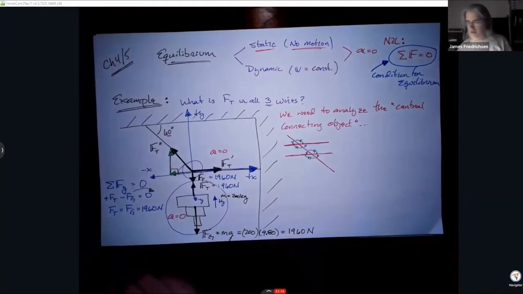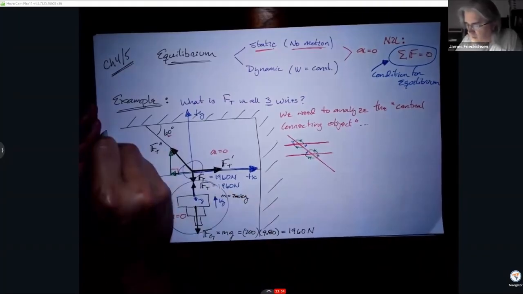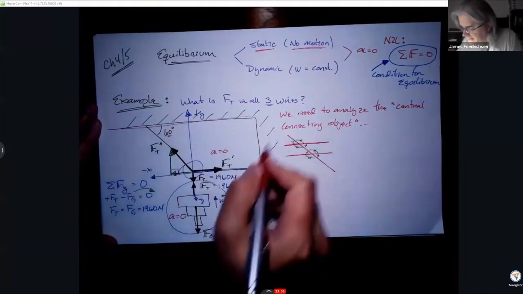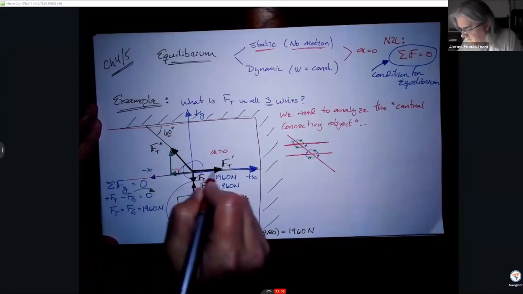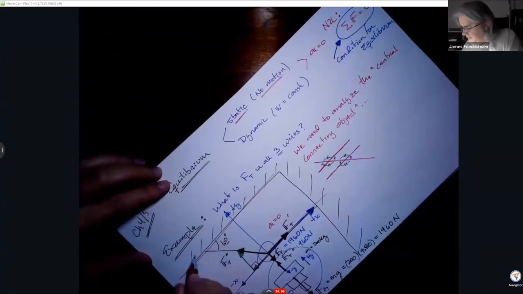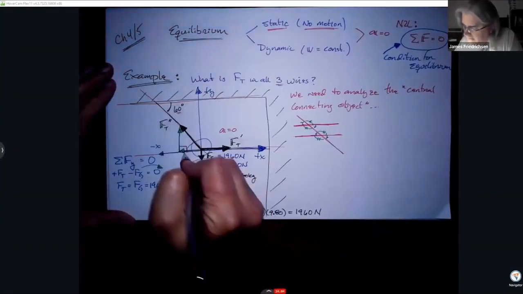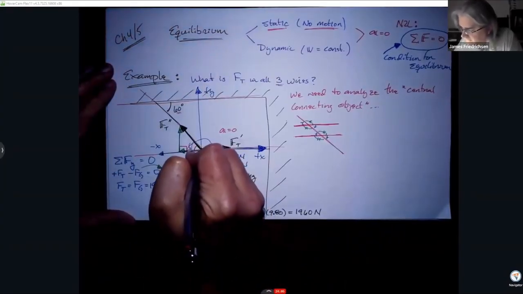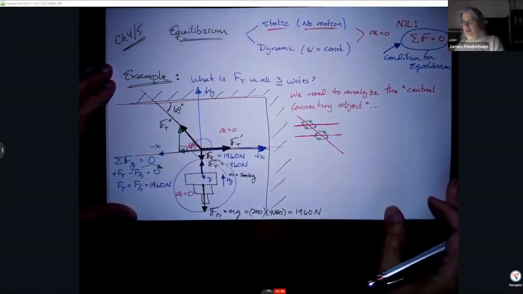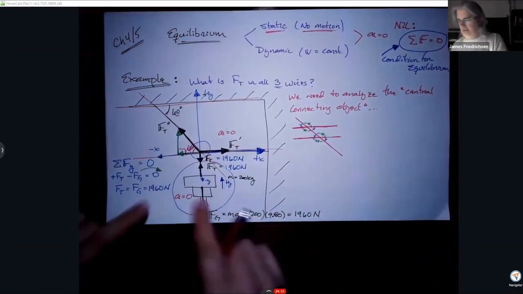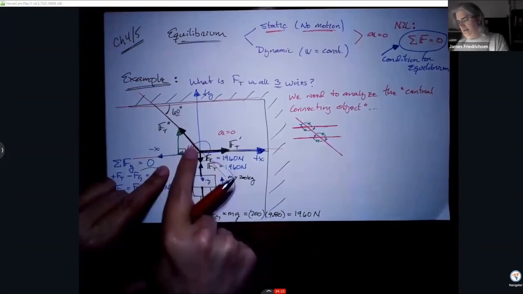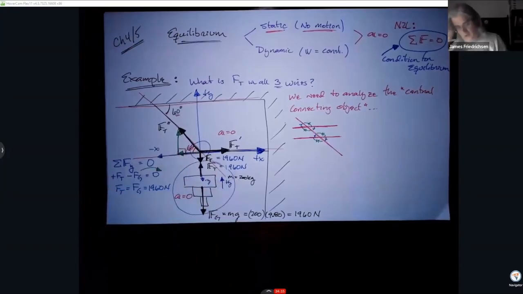If this horizontal ceiling and this horizontal axis are cut by this wire itself, then this angle here and this angle here are the same. Those are the alternate interiors. And so now I've got my 60 degrees inside my little component triangle.